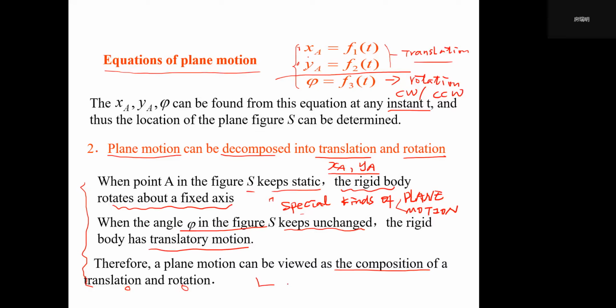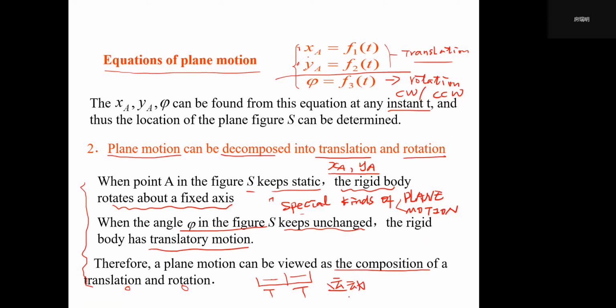Although these two parts happen in the same time span t, we can think that the rigid body first has translation movement, then the translation finishes, and then it only has rotation. And this sequence can be changed arbitrarily because these two parts are independent. This principle we call 运动叠加原理.